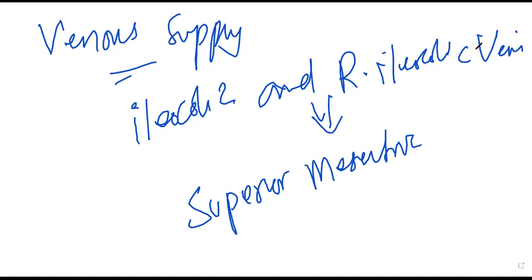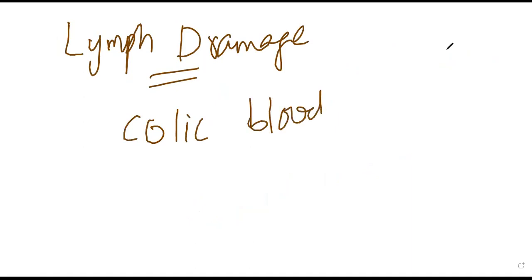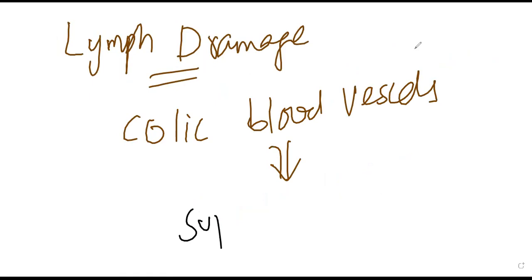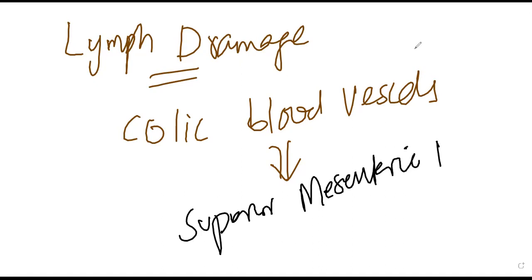Now we come to the lymphatic drainage. The nodes along the colic blood vessels reach finally into the superior mesenteric nodes. Now we come to the nerve supply.